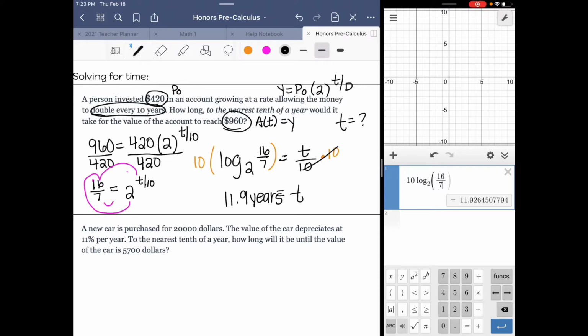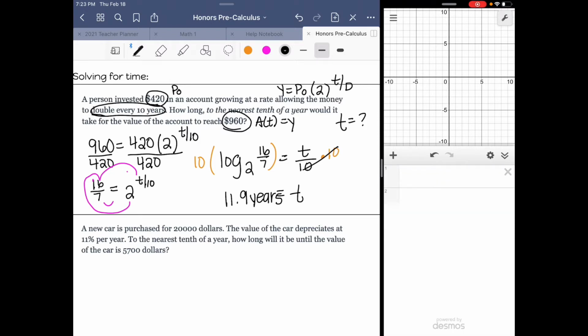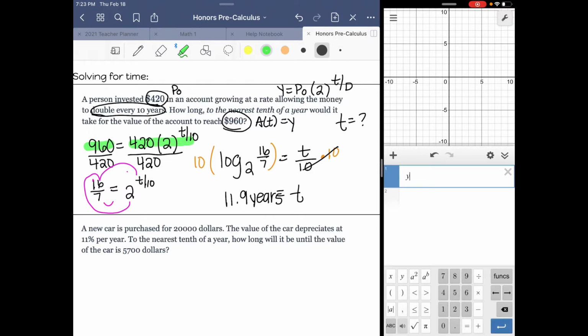Now, how can I test this answer? If you were in class with me when I taught this, I showed them that I can split this up into 2 equations, my left and my right. So y equals the left side, which is 960, and y equals the right side, 2 raised to, and you can't use t, so you have to use x.